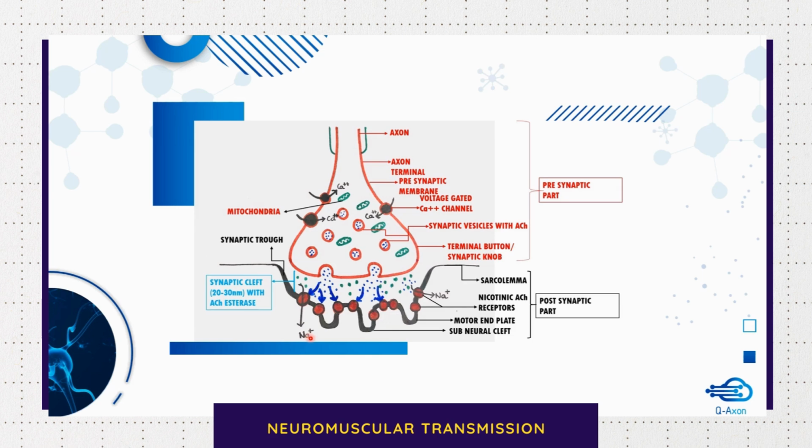So they are examples of ligand-gated sodium channels. In addition, you can also see that there is an enzyme in the synaptic cleft called acetylcholine esterase. Now the function of this enzyme is to degrade any acetylcholine which is present in the synaptic cleft.